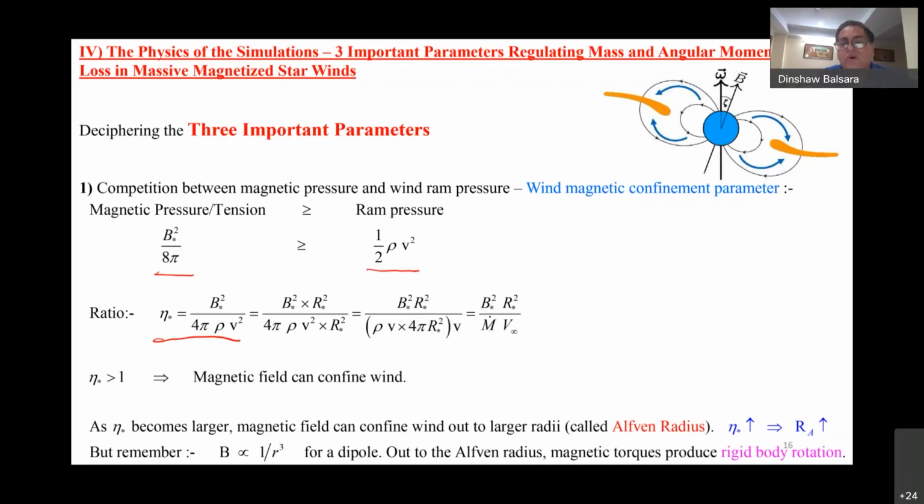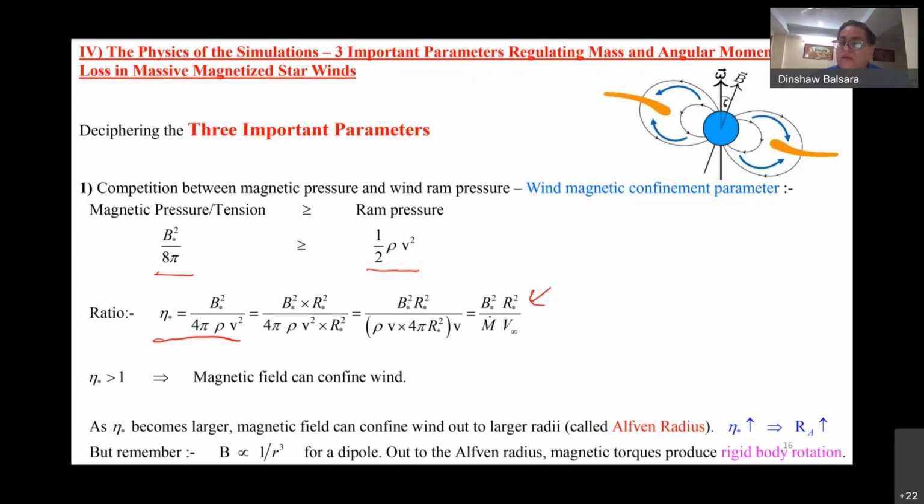We can then multiply through the numerator and denominator with the radius of the star, and obtain this parameter, which is closer to what can be observed. And we realize that if the magnetic wind confinement parameter is greater than unity, then the magnetic field around the star can be so strong that it channelizes and moves around the flow of the wind that is coming out of the star.